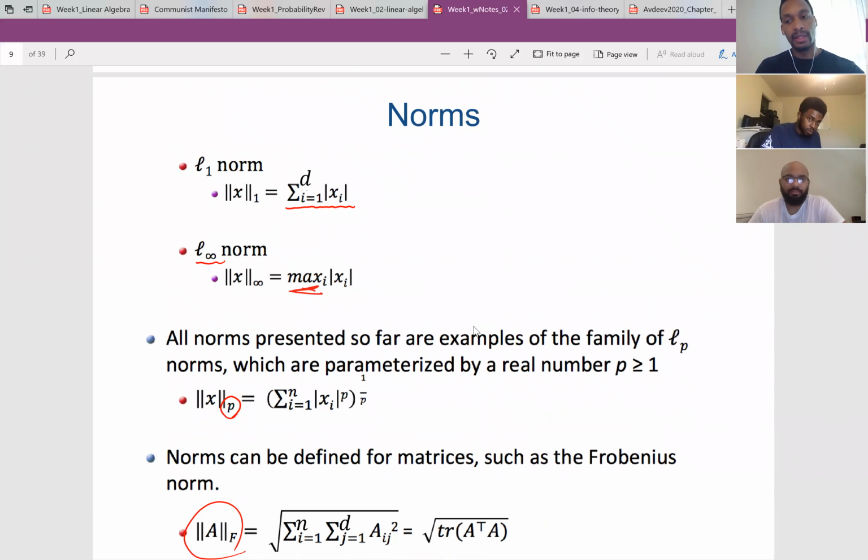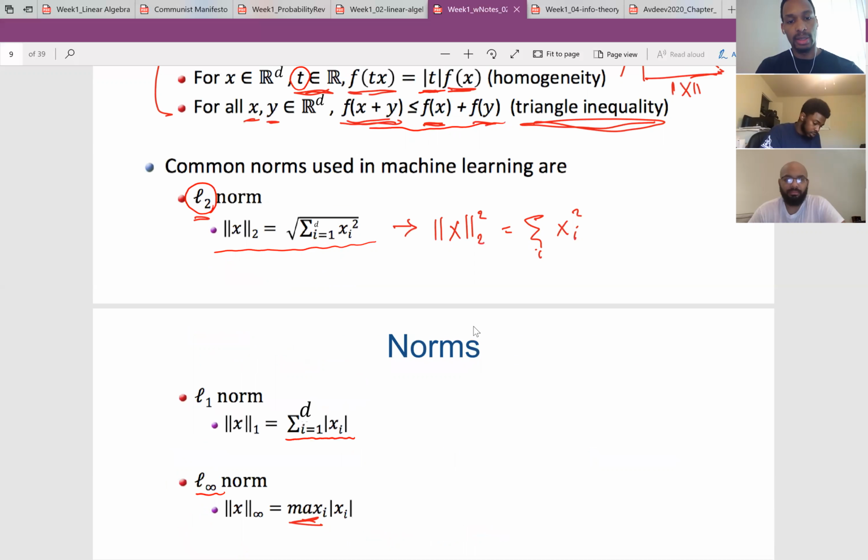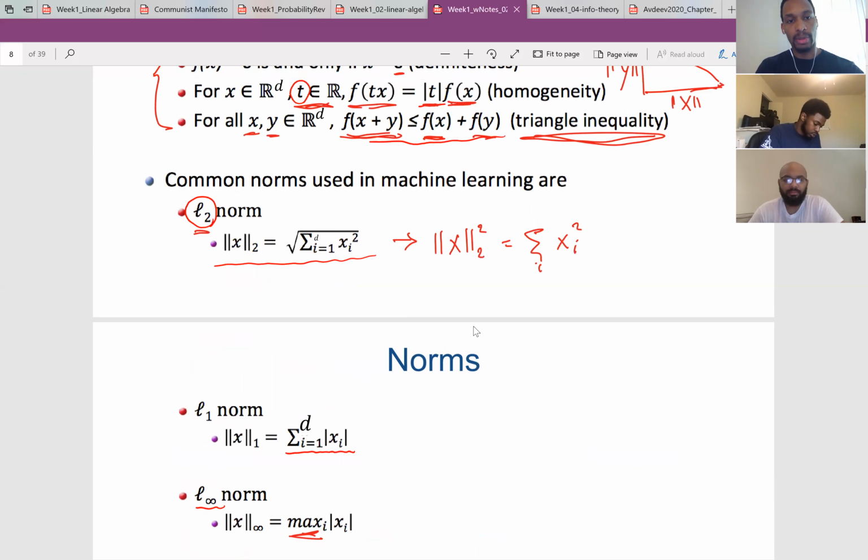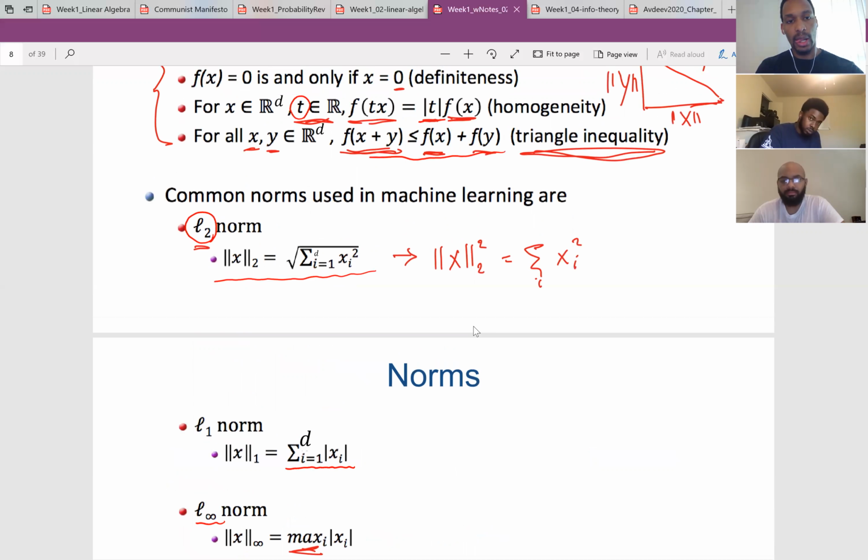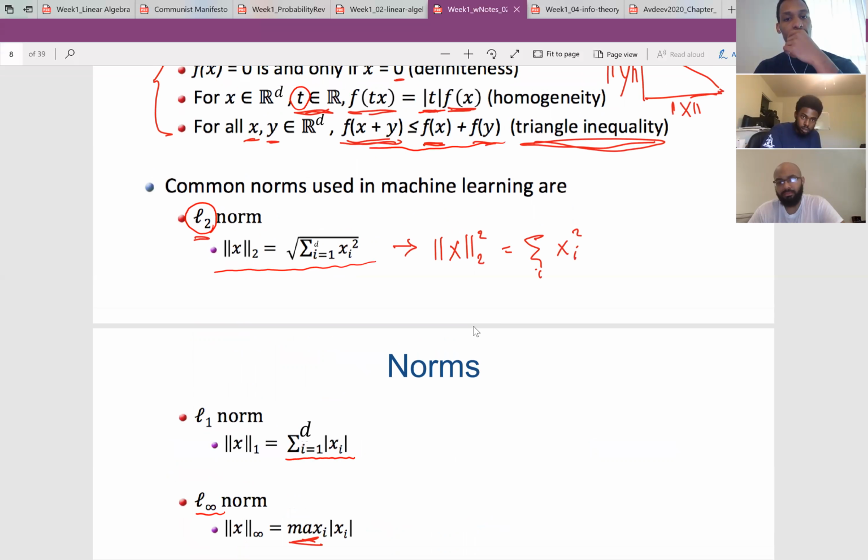Could you actually go back up? All the way up, back to the L2. Yeah, that's what you wrote before, right, where you had X transpose.